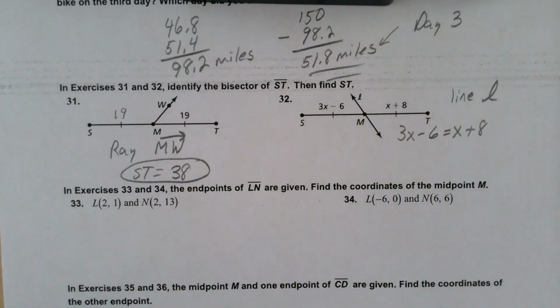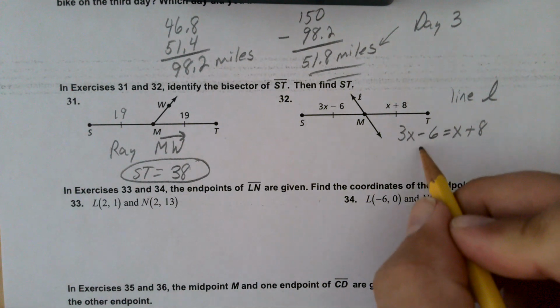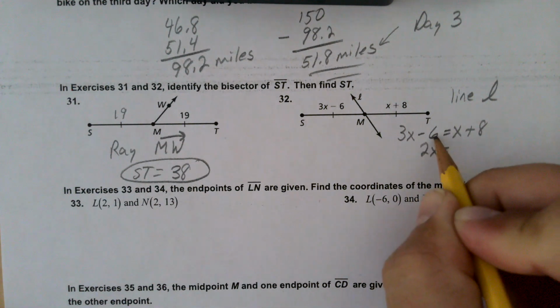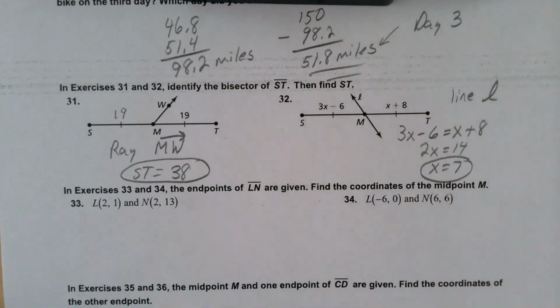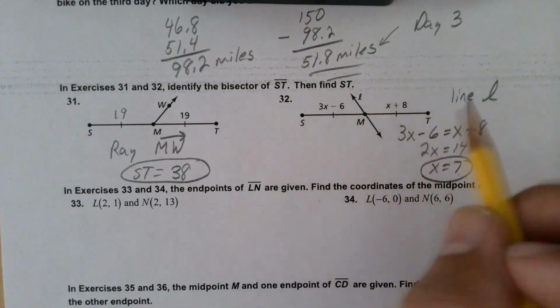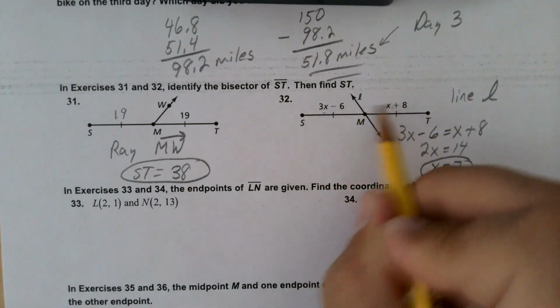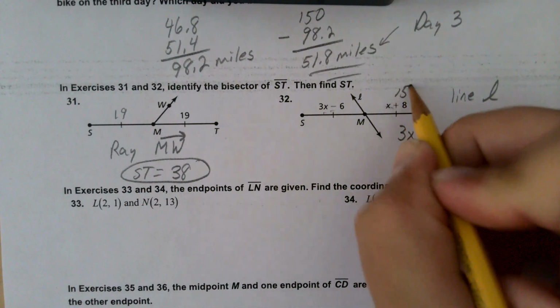So to solve for this, it's not going to take long. I bring this x over. I'm going to have a 2x. I'm going to add the 6. I get 14. And just like that, I know that x is 7. But I need to take this 7 and plug it in. Either side, doesn't matter which side, because I'm going to get the same answer for both of these. So if I plug in a 7 and add 8, I get 15.